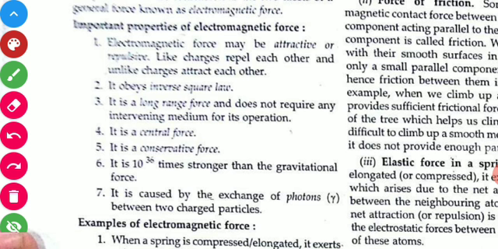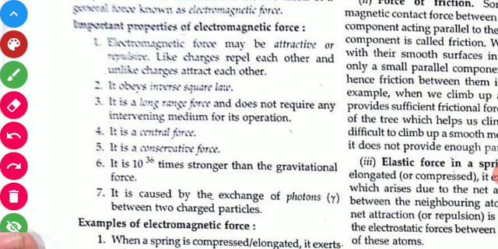So where does this electrostatic force occur? If we see a daily example, suppose the teacher is writing on the board. This is also an example of electrostatic force, that the chalk stick sticks with the blackboard. So which force is acting between the blackboard and the chalk? Because they are attracting each other. The chalk is attracted towards the blackboard. So the electrostatic force is between the board and the chalk.